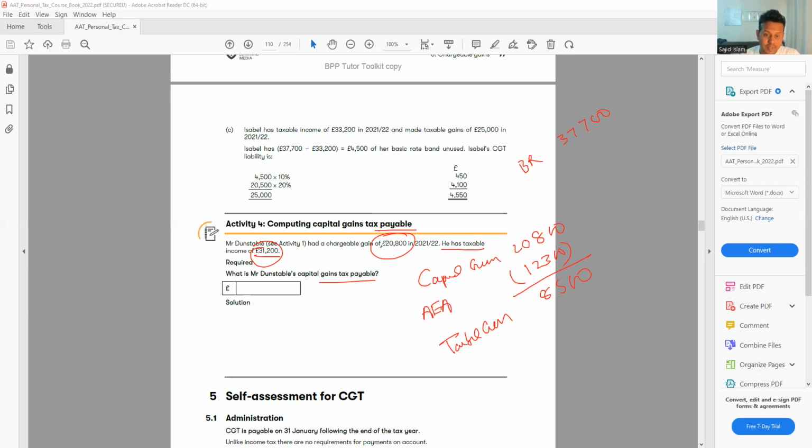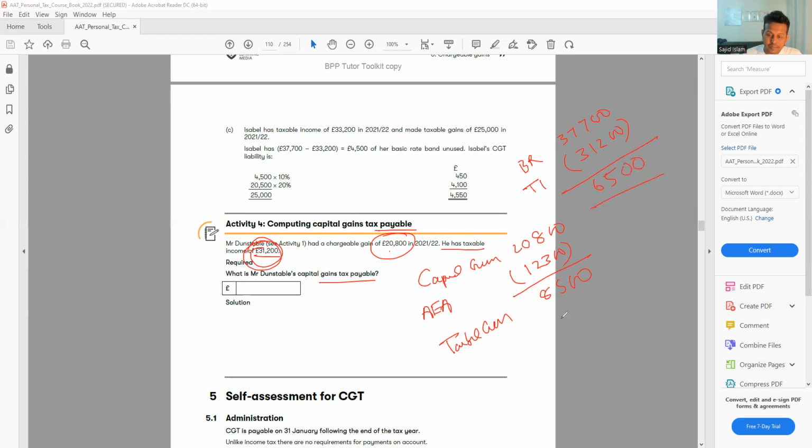But here he has a gain of 20 and 31 for the income, so it is more than 37. So I need to know from 37,700, if I minus the taxable income 31,200, how much basic band he has left for the 10%? So that gives me 6,500.